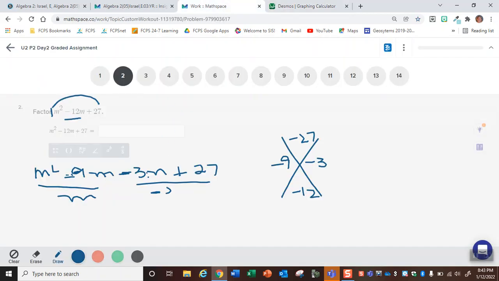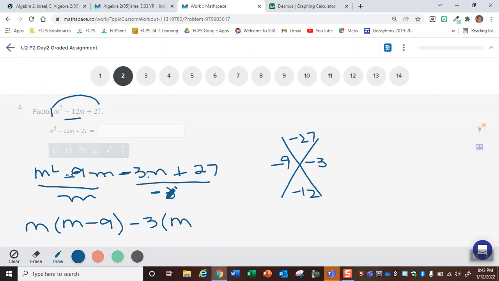So negative 3. All right, so the GCD comes in front. So I've got m. 2 minus 1 is 1, so I've got 1 m left over. These m's go away, so I've got minus 9. My GCD is minus 3, that goes in front. And then I've got the 3's crossed out, and so I got an m.